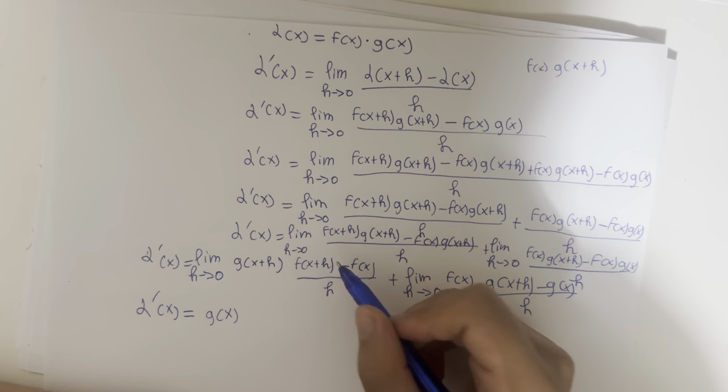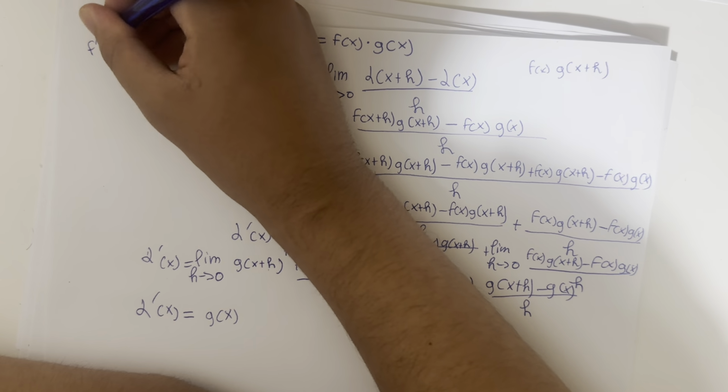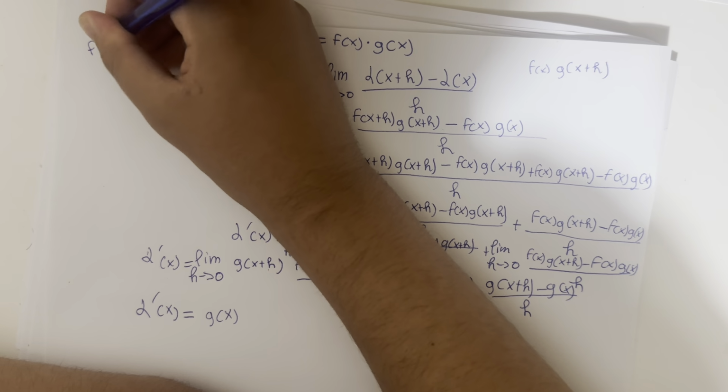You may recognize this as the limit definition of f prime of x. So we know that f prime of x is equal to the limit as h goes to 0 of f of x plus h minus f of x divided by h. This right here is the first principle, and this is what we have in this case. So this is simply f prime of x.